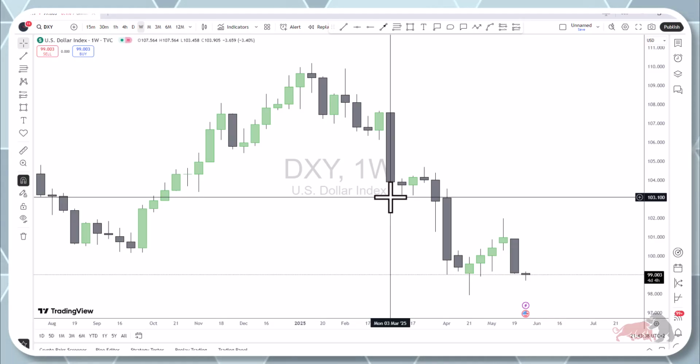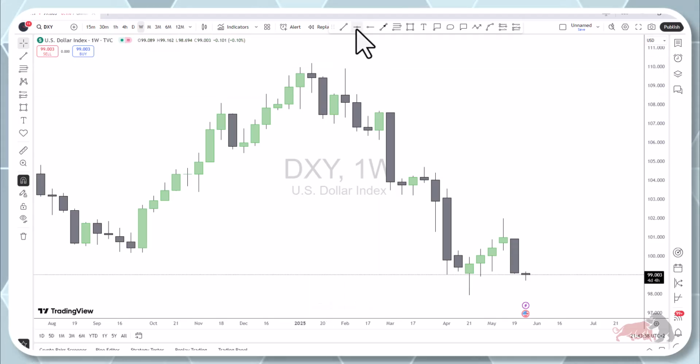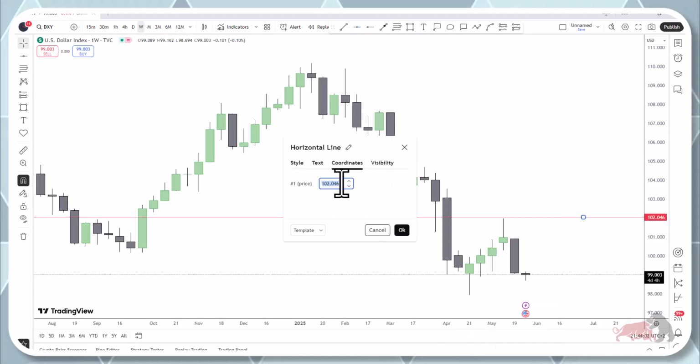So let's jump into the technicals. The key levels to watch for the dollar index this week and the coming, say, two weeks. We can see that DXY has decisively broken support at 99.65. I'm just going to highlight it on the chart.